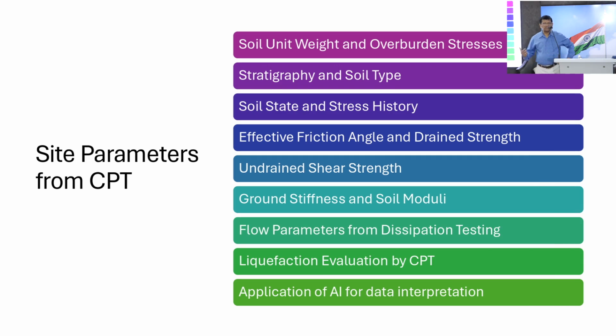Again, research is currently going on into how AI can interpret all these parameters from the CPT data. This is the next kind of research going on, how artificial intelligence can do that.